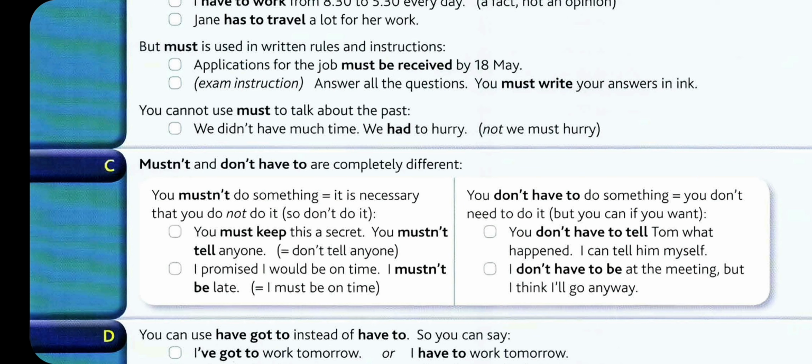This is like a job advertisement in a newspaper or on television. It doesn't say have to be received. No, it should be must be received. I don't use have to, I use must. Why? Because they are written rules, not speaking. So: must be received by 18 May.